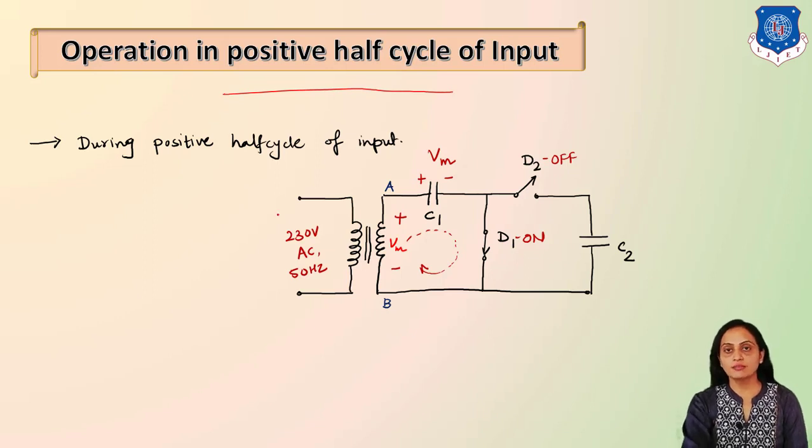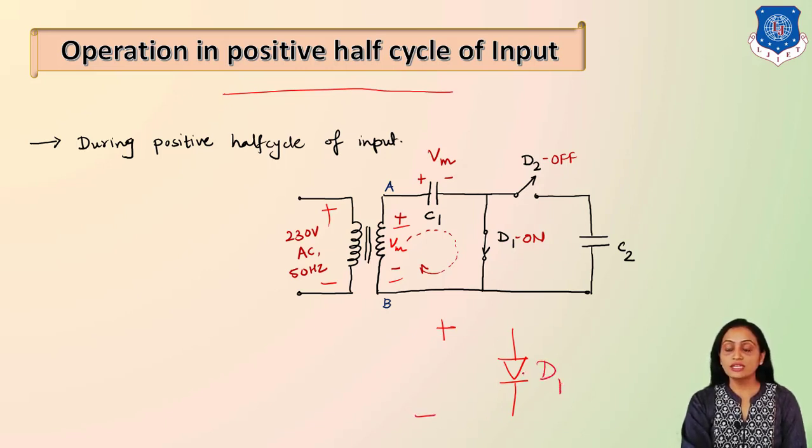For example, when the input is applied and it is a positive half cycle, what happens to the circuitry? Just look at this, at the secondary we have this polarity because of the positive half cycle, plus and minus Vm, and due to that diode D1 is such that its anode is connected to plus and cathode is connected to minus.